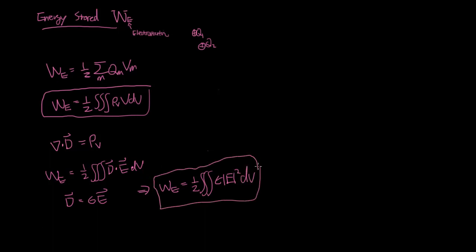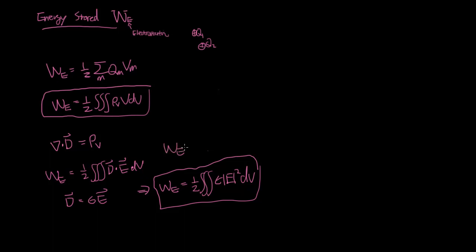So this is a nice little result where if you want to find the total energy stored in a system, one of the first examples that we'll see in the next few chapters is the case of a capacitor. If you have the electric field everywhere, you can simply take this square at every location across the entire volume, multiply it by epsilon, integrate it over that whole volume, so add up all these little electric field values for the entire volume, divide it by 2, and then you have the energy stored in the electric field, due to the electric field.